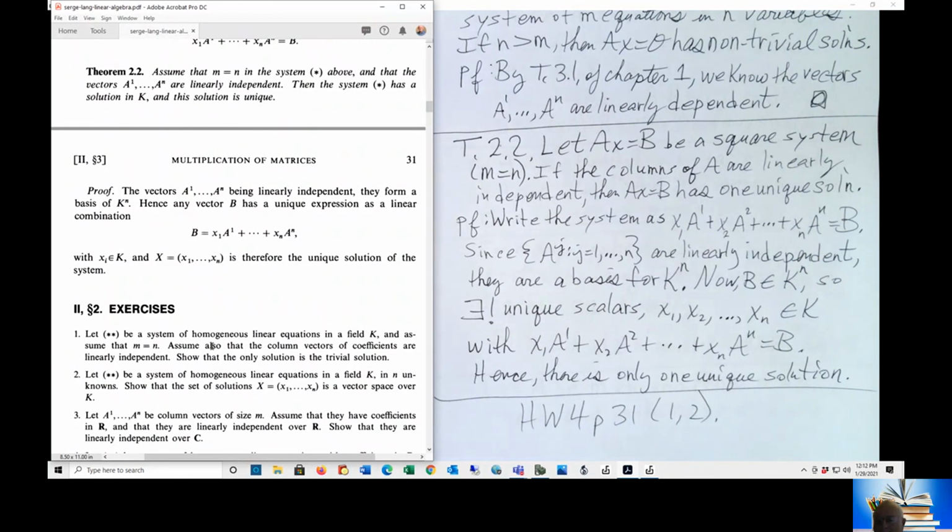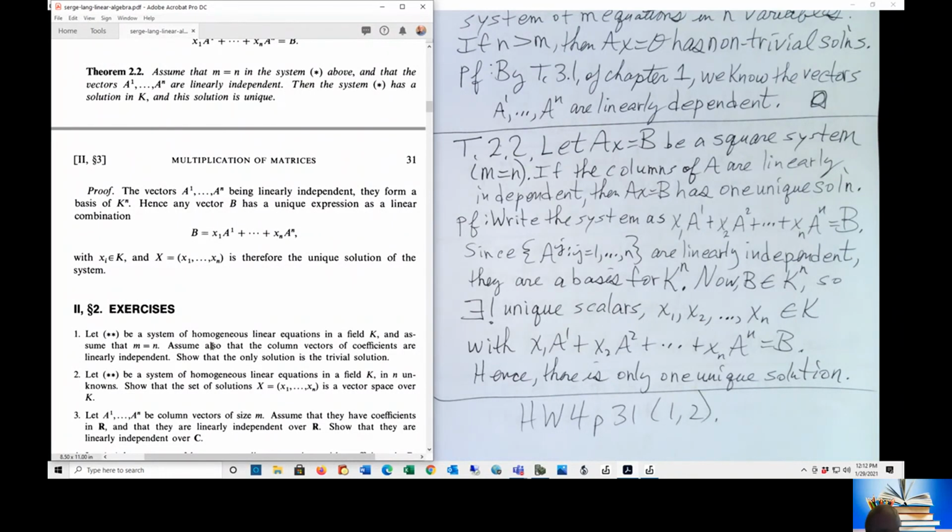Okay? Remember the theorem in chapter 1 that says if the dimension of V is n and you have n linearly independent vectors, then they form a basis. So the columns of A are a basis, but now B is a vector in Kn. Okay?